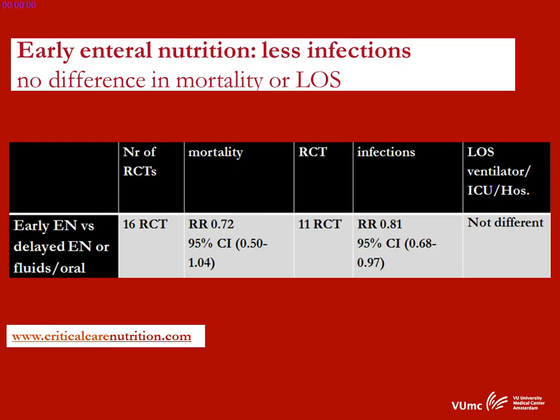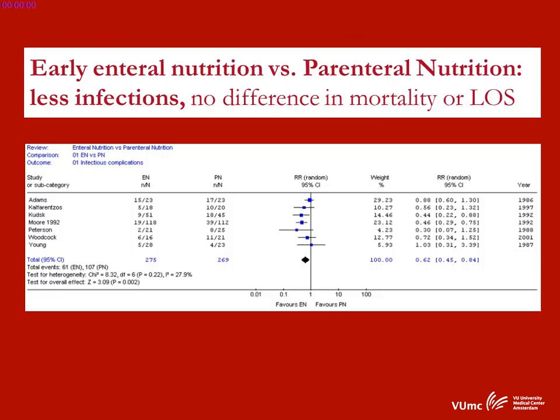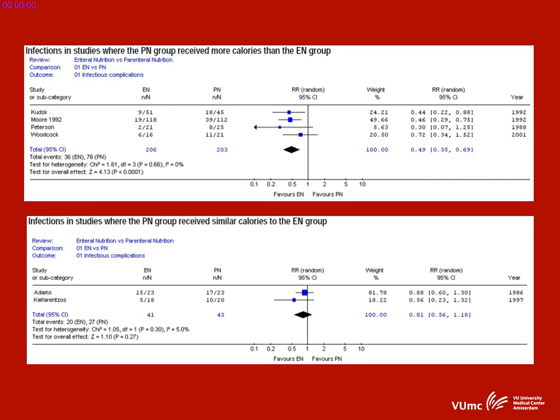They only show no difference in infections when enteral nutrition is started early, and the same holds true for early enteral versus parenteral nutrition. And interestingly, I think the finding that parenteral nutrition is bad is especially for the cases where there was overfeeding with the parenteral nutrition. It's too much to discuss now, but overfeeding is bad.